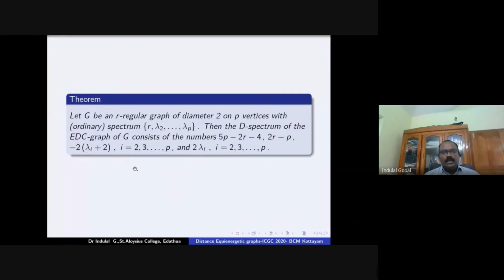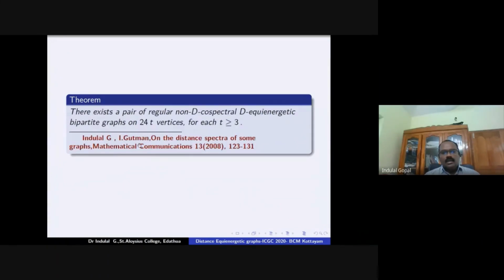We proved this result: let G be an r-regular graph of diameter 2 on p vertices with ordinary, meaning adjacency, spectrum r, lambda 2, etc., lambda p. Then the distance spectrum of the EDC graph of G consists of these numbers. Using that, in the paper on the distance spectra of some graphs with Gutman, which appeared in Mathematical Communications, we proved that there exists a pair of regular non-D-cospectral D equi-energetic bipartite graphs on 24t vertices for every t greater than or equal to 3.